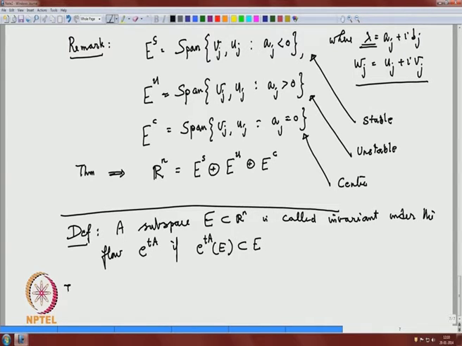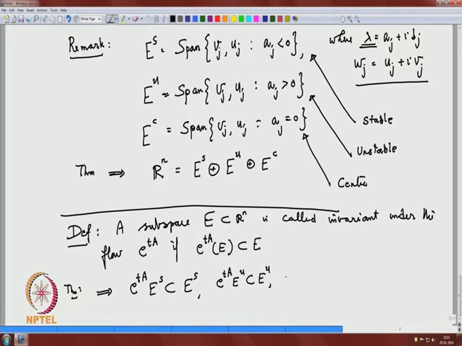The other result, part of the previous theorem which I have not stated, is that these spaces are invariant: e power tA of Es is contained in Es, and e power tA of Eu is contained in Eu. This shows that if you start with a point in Es and follow the trajectory under e power tA, it will remain in Es and will not move out of it.